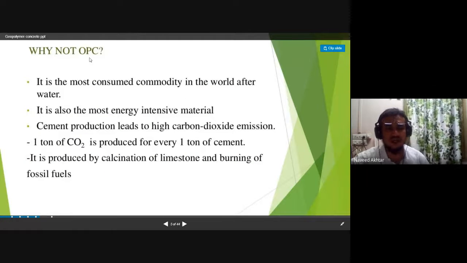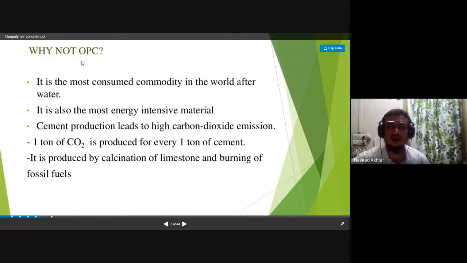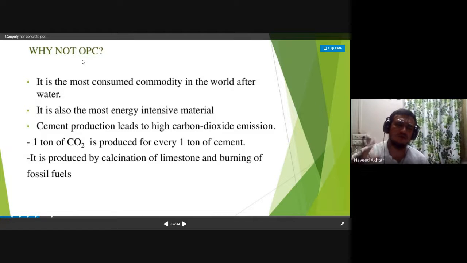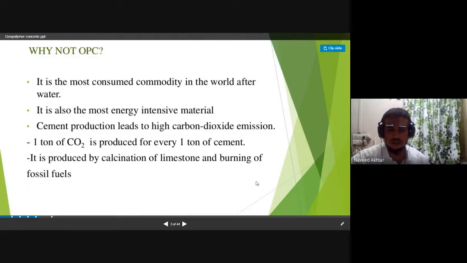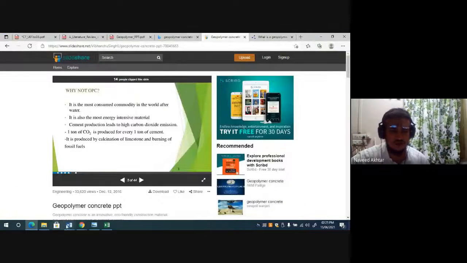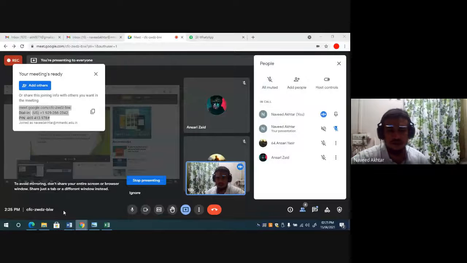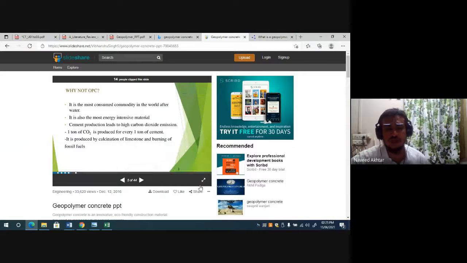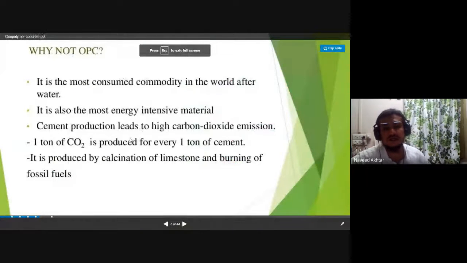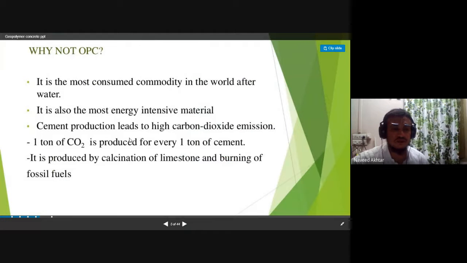So why are we not using ordinary Portland cement? You know that, and many times I have told you, the production of 1 ton of cement releases 1 ton of carbon dioxide into the atmosphere. For every ton of cement produced, there is 1 ton of carbon dioxide.